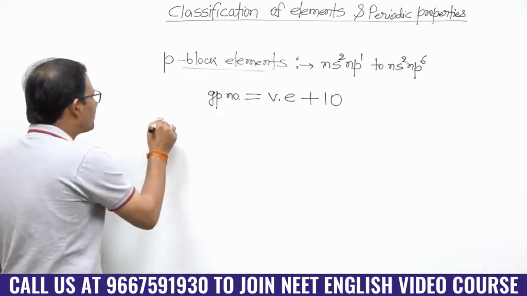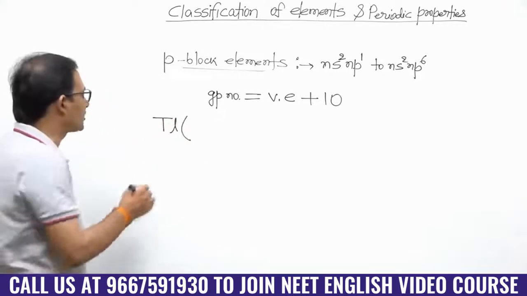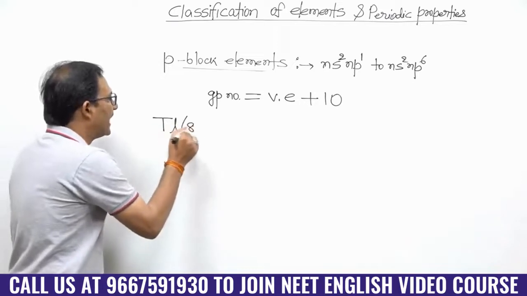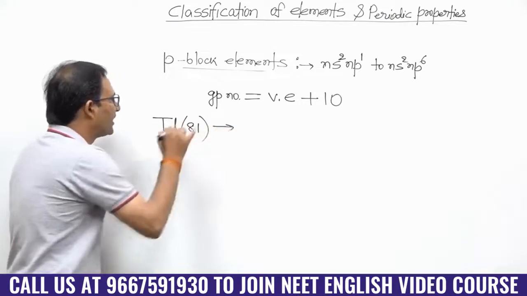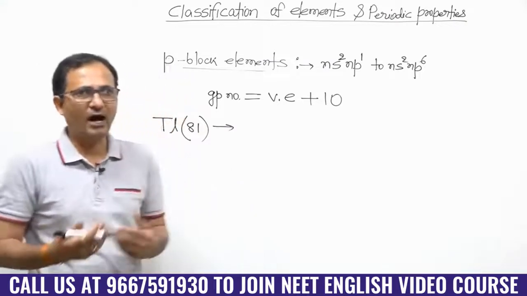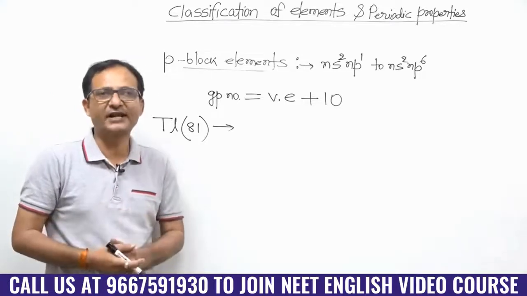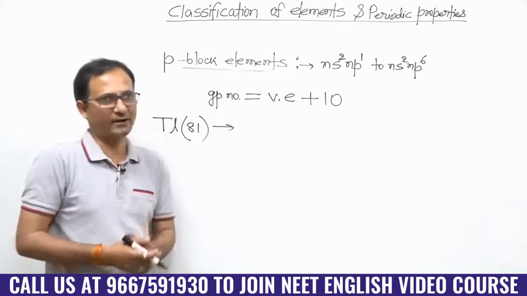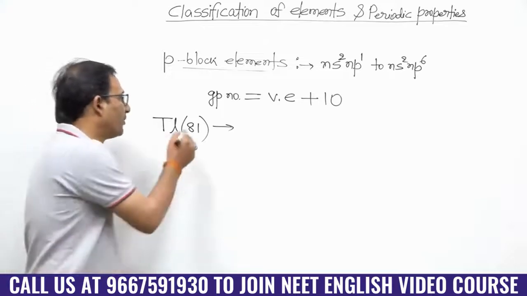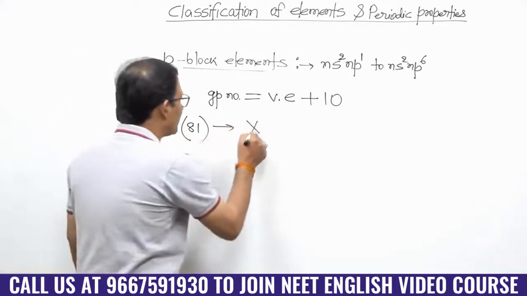Suppose we have to write the ground state electronic configuration of thallium, and as you know, atomic number of thallium is 81. Now write its ground state noble gas configuration or condensed electronic configuration. Before 81, which noble gas comes? Xenon.